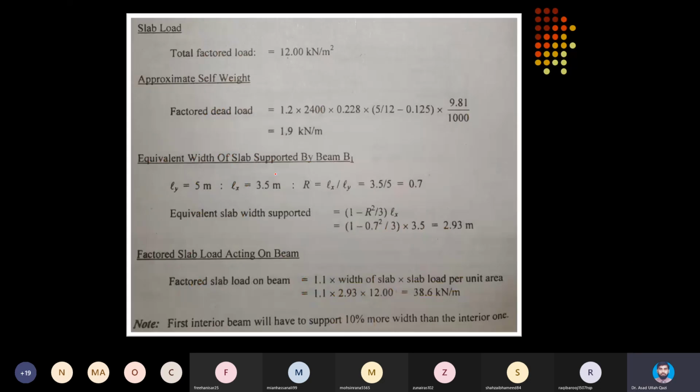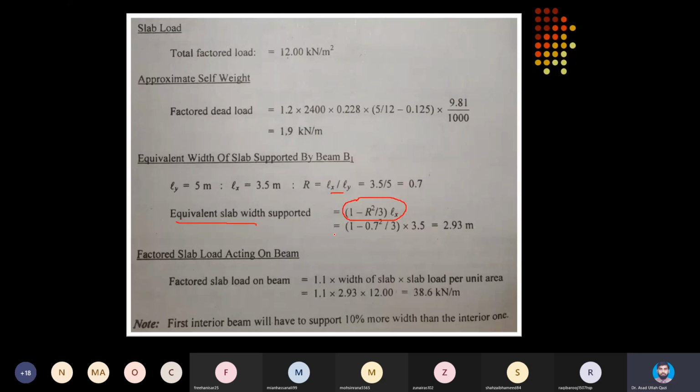So if you recall, for trapezoids, the equivalent slab width we determined by using this equation, in which R is the ratio of shorter over longer span of the panel, and Lx will be multiplied with this (1 minus R square) over 3.